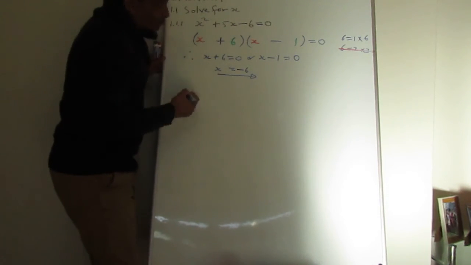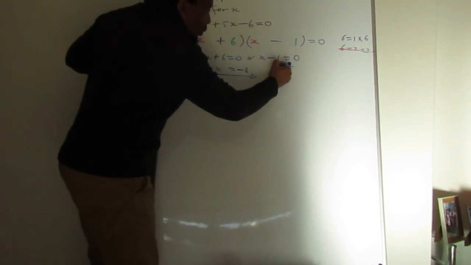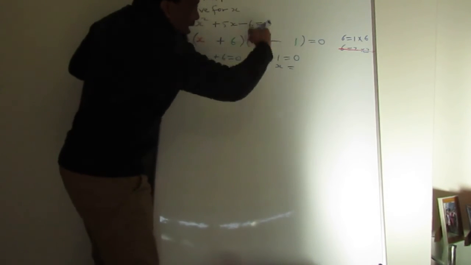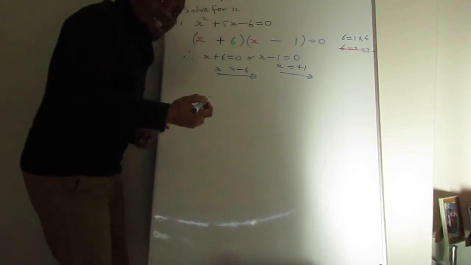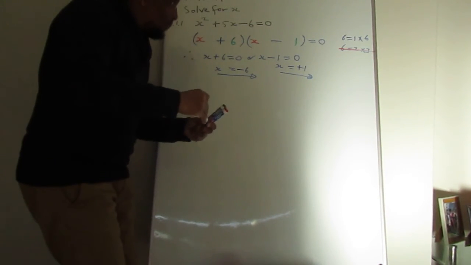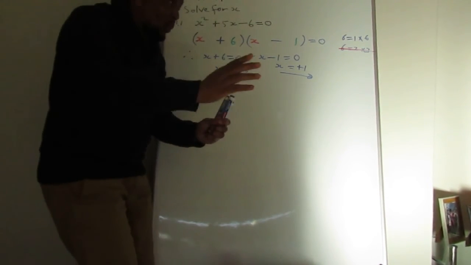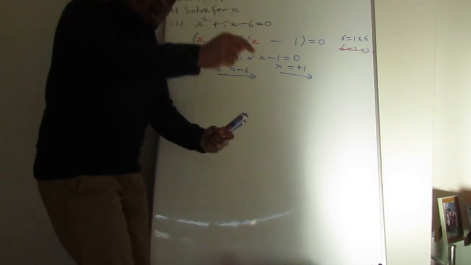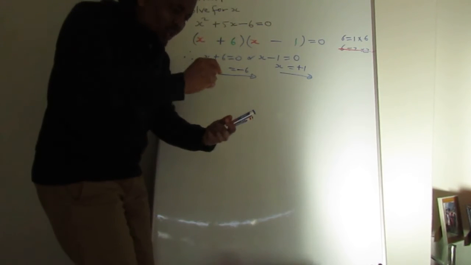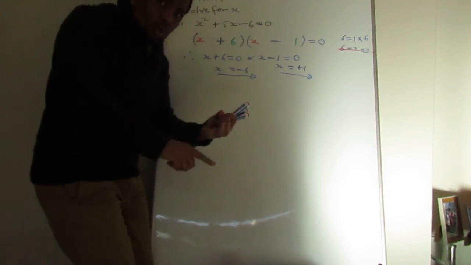That side, the same is true. I take negative 1 to the other side, it changes the sign to become positive 1. Then x is equal to positive 1. Beautiful. I love this.